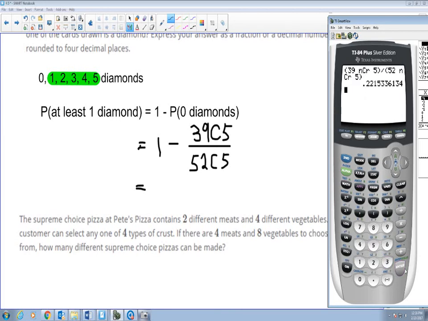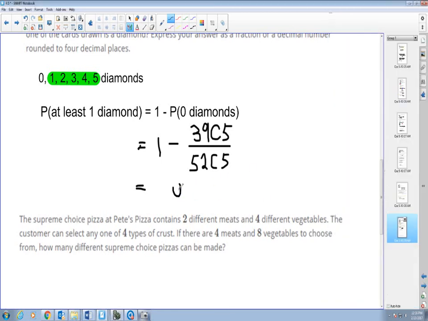So that will give me 1 minus the answer from the previous line. So that would be 7,411 out of 9520. I can round to 4 decimal places, 0.7785. Okay, either way will work.